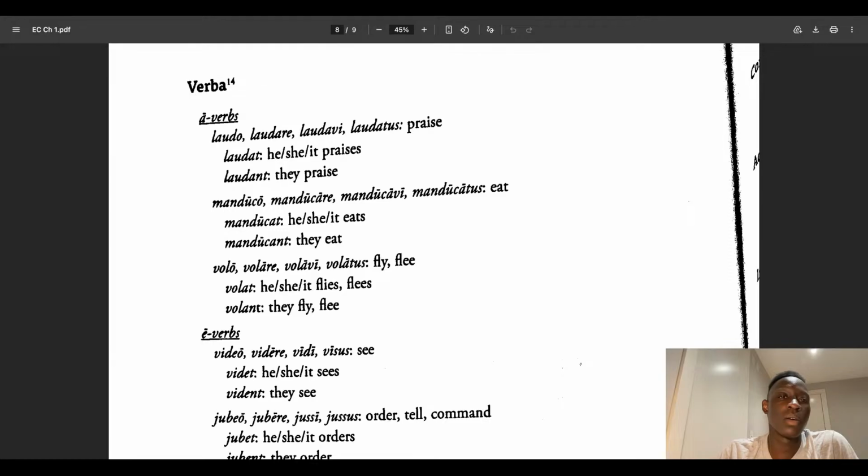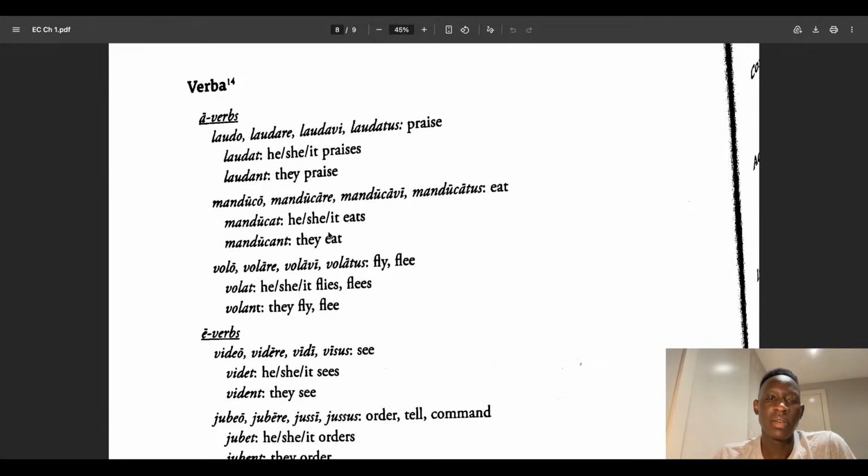Okay. Verba, a verbs. Laudo, laudare, laudavi, laudatus, praise. Laudat, he or she or it praises. Laudant, they praise. Manduco, manducare, manducavi, manducatus, eat.